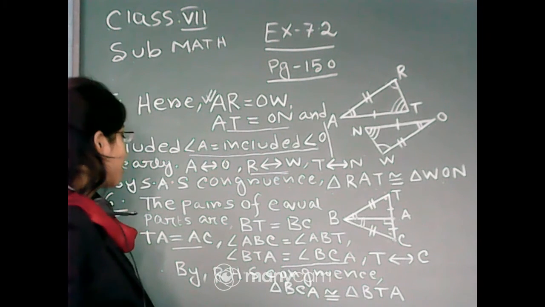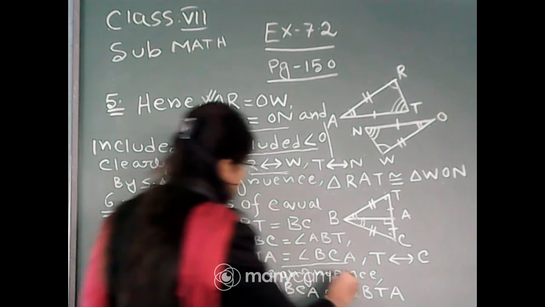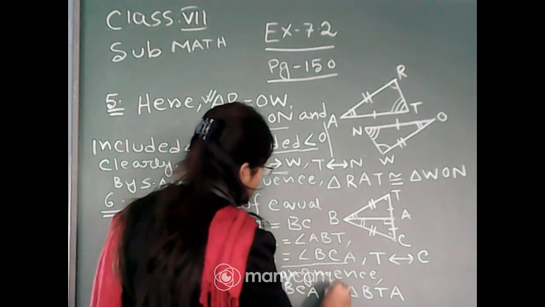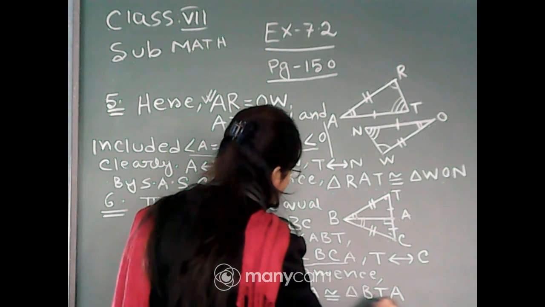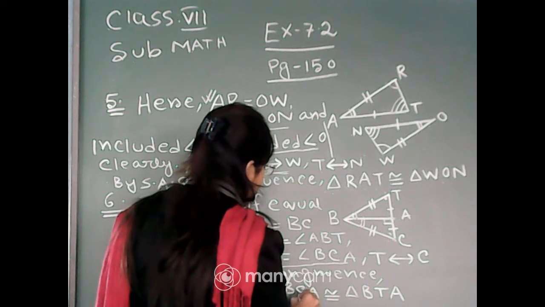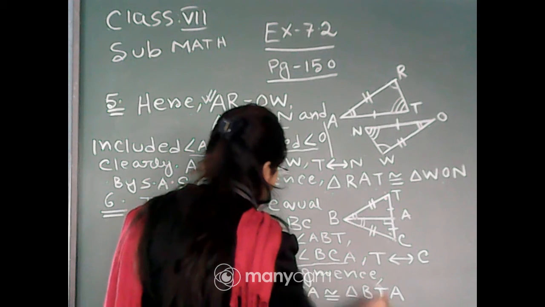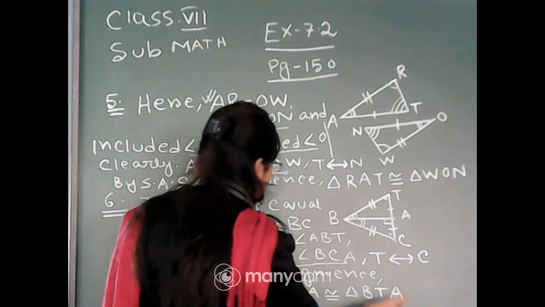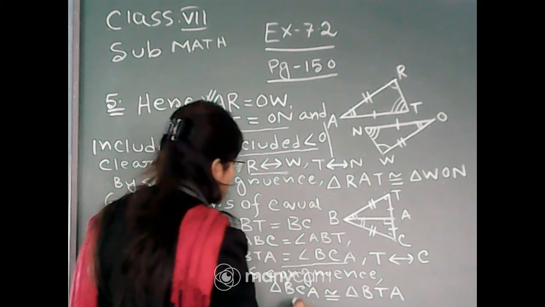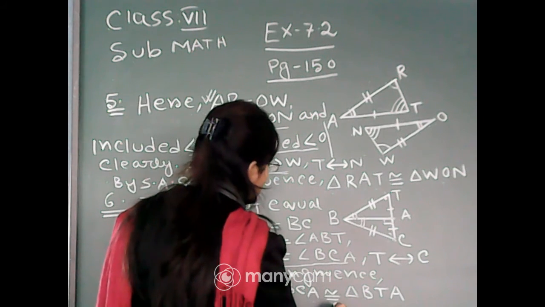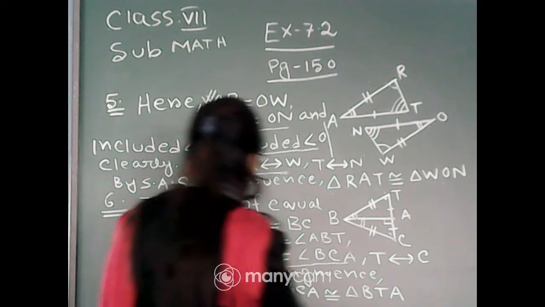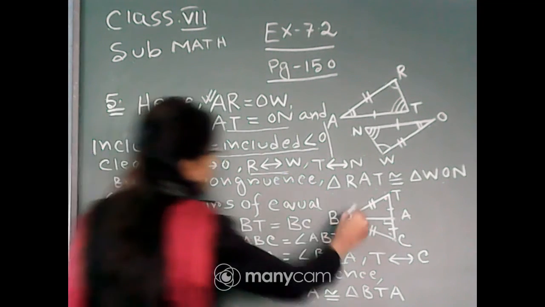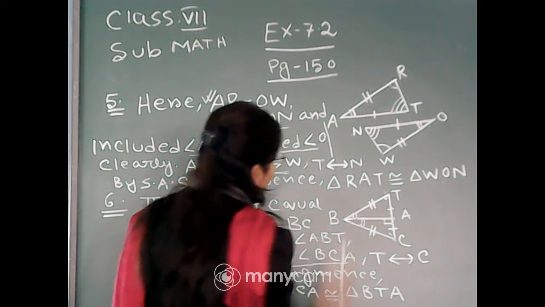So, by RHS congruence criterion, triangle BCA is congruent to triangle BTA, since C corresponds to T, B corresponds to B, and A corresponds to A.